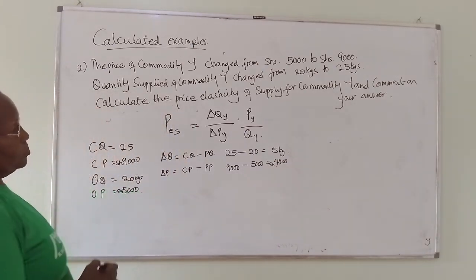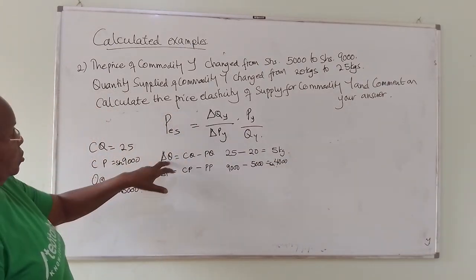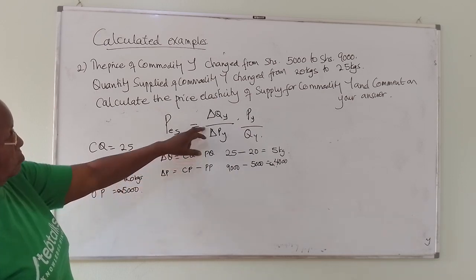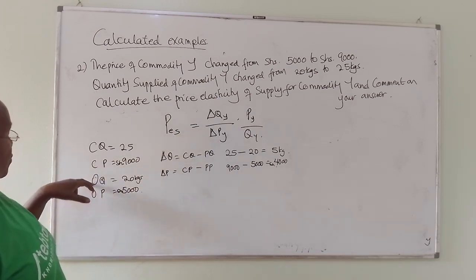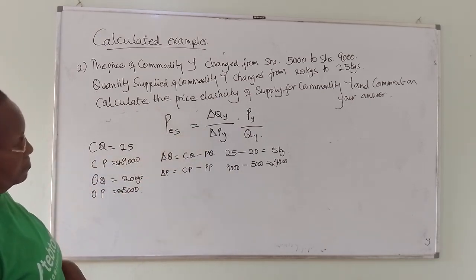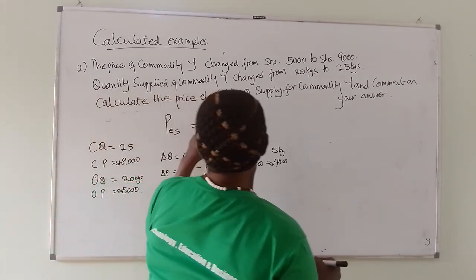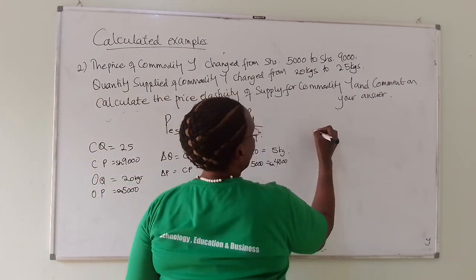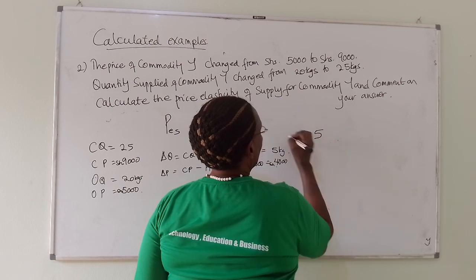Then you can now substitute into your formula. You know the change in quantity, you know the change in price, you know the previous price, and you know the previous quantity. So change in quantity is 5 kilograms. You put your 5 there.